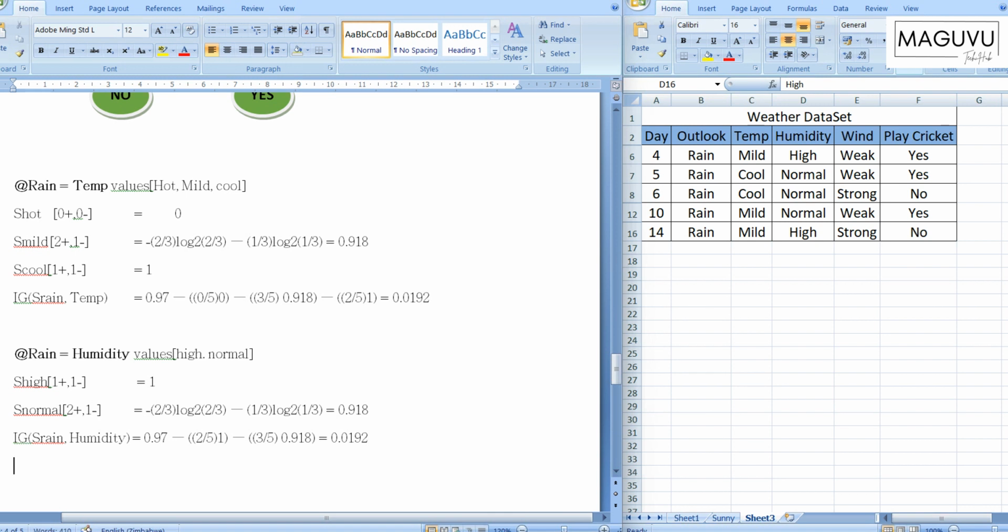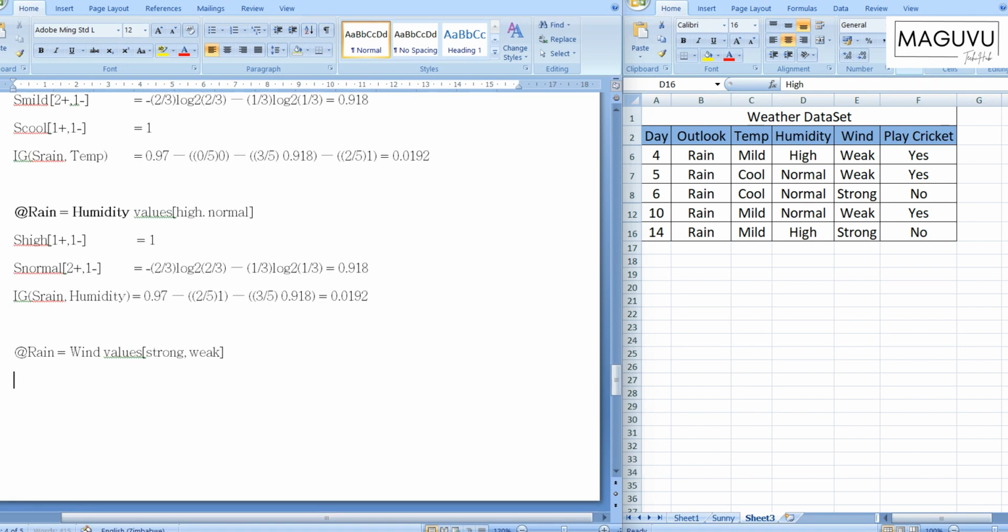So we have calculated temperature, we have calculated humidity, then the last point is the wind. So let's continue to do the same. While we are at rain, let's consider wind, and what are the values that we have for wind? We have got strong and we have got weak. So we proceed to do the calculations.